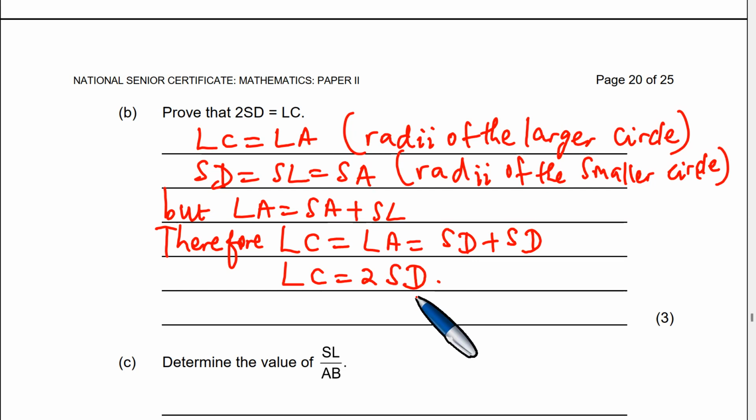So LC is equal to SD plus SD, which is twice SD. That is what we're supposed to prove, and we've just proven that for a good 3 marks.